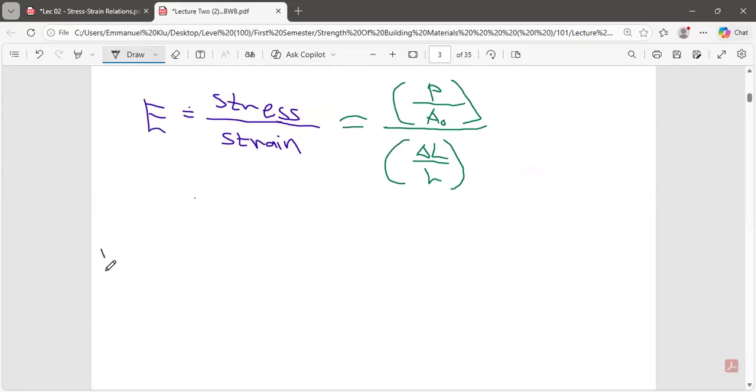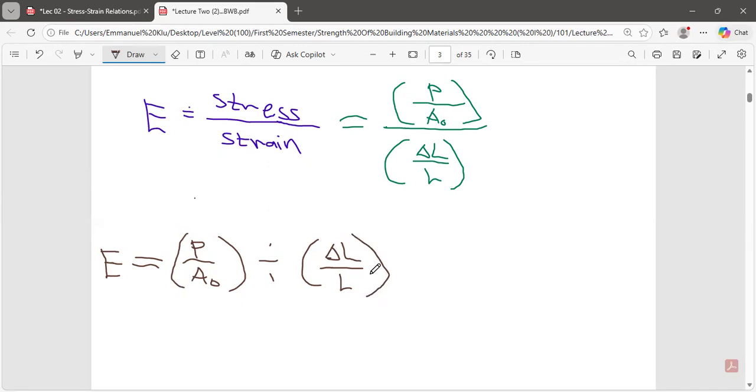So finally, Young modulus of elasticity can now be written as E is equal to P over AO, let me put it in brackets as you are seeing, divided by the change in length over the original length.